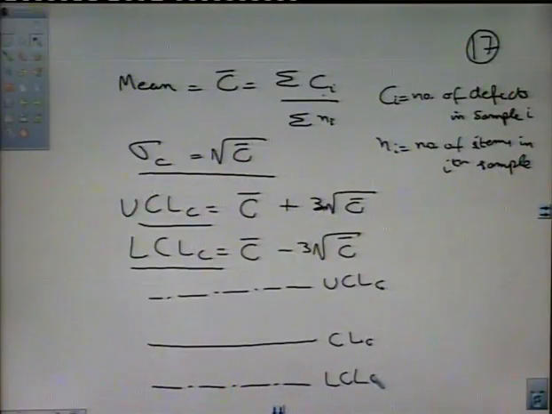Then we plot the values of C against each subgroup and finally join these with a line. A point falling outside will indicate that the process is not in statistical control, and it will represent that some assignable cause of variation is present, and we have to hunt for that particular assignable cause of variation.